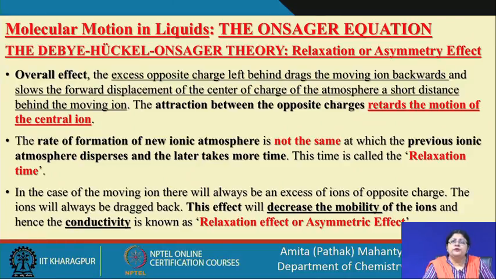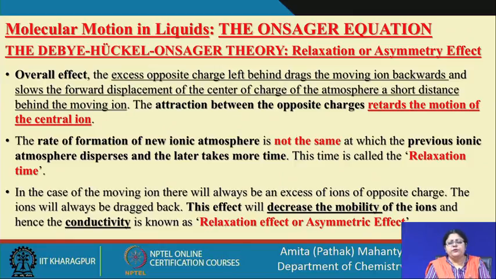So, the rate of formation of the new ionic atmosphere is not the same as the rate at which the previous ionic atmosphere disappears. Suppose that in the same time the ion moves, the charge immediately forms an atmosphere and the old one disappears, then you will not see an effect, and the ions will move under the electric field as it is.